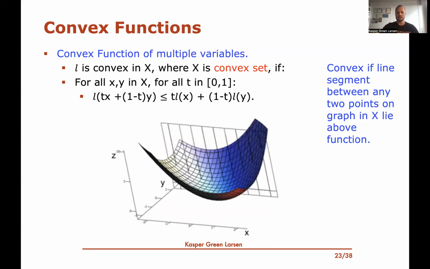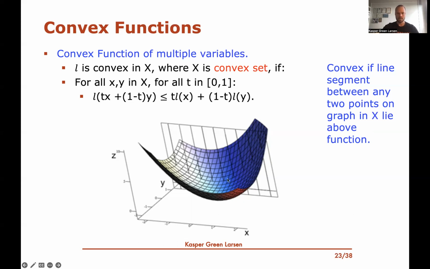You can generalize this to functions of multiple variables. A function of multiple variables is convex in a set x, where x is a convex set, we'll return to what that means, if the following holds. So x and y now are two points in the convex set. Remember, here we're talking about functions of multiple variables, so each of x and y should be thought of as a multidimensional point.